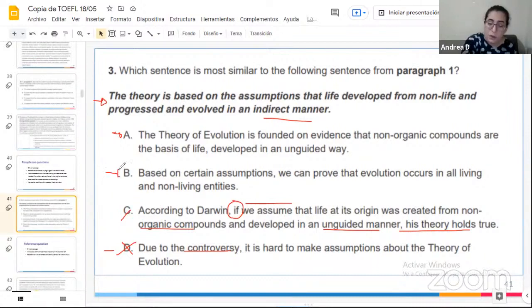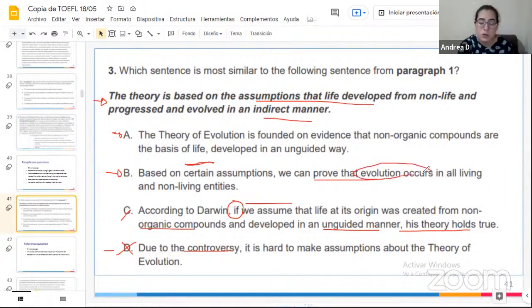Now, regarding B, I think it's kind of tricky because it has similar things, but it's a different thing. It has a different idea. The sentence is telling us what the theory is based on, right? The assumptions that life developed from non-life, blah, blah, blah. But B is actually telling us something completely different. It's telling us that based on those assumptions, we don't know which assumptions, by the way, we can prove that evolution occurs.